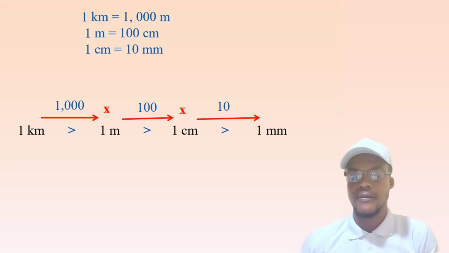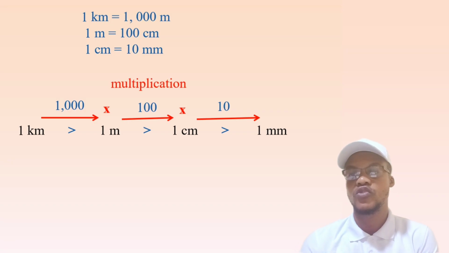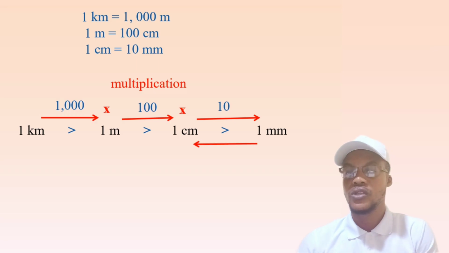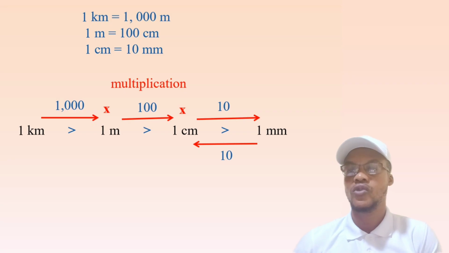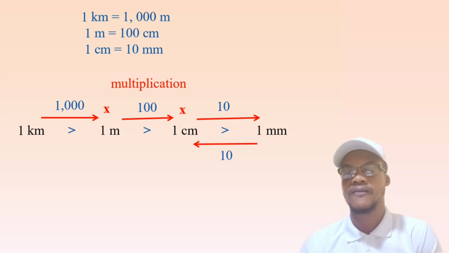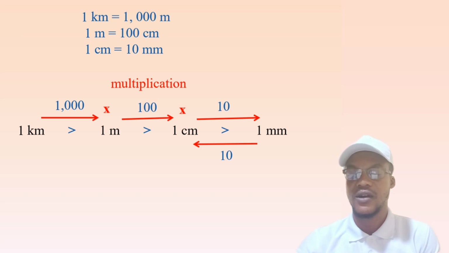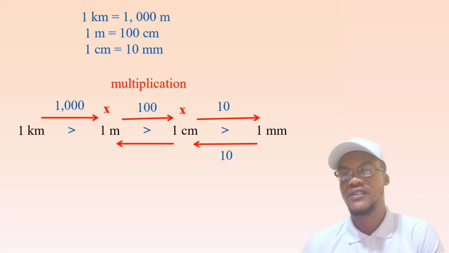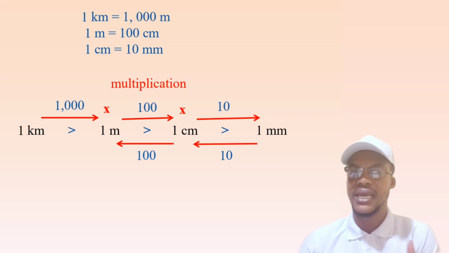But if we are moving from the smallest, if I want to convert from millimeters to centimeters, then I divide whatever figure is given in millimeters by 10, and that gives me centimeters. If I want to convert from centimeters to meters, I divide whatever is given in centimeters by 100, and that gives me meters.